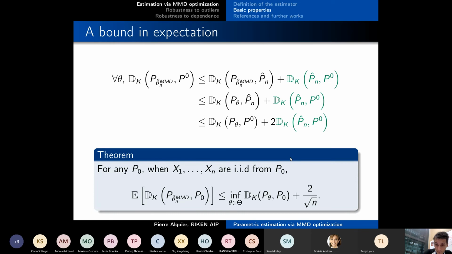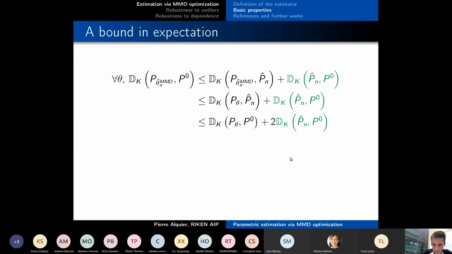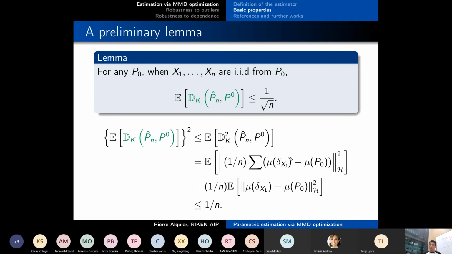It appears that this result takes 2 slides to prove, and that's just because I really write out the details. Actually, it's quite easy. There are 2 steps. The first step is to prove that P n hat, the empirical distribution, converges to P0 at rate 1 over square root of n. And the reason is written in these 4 lines.